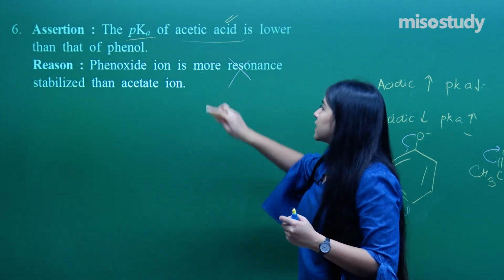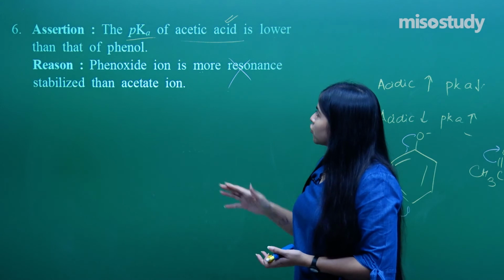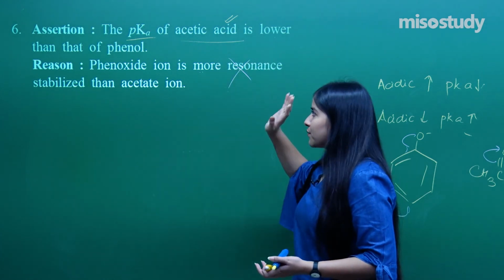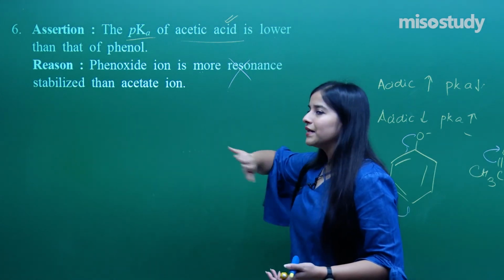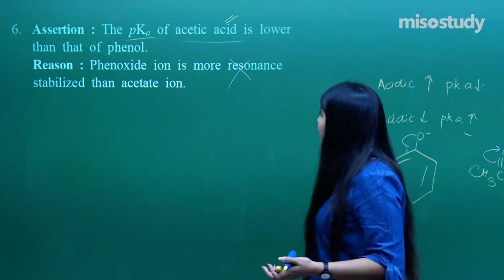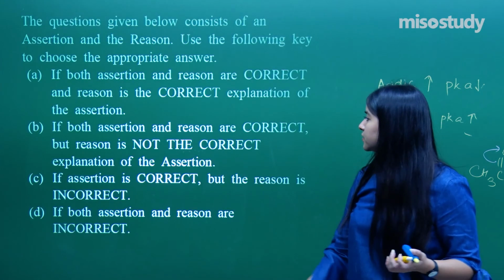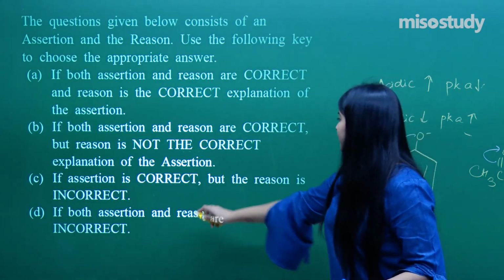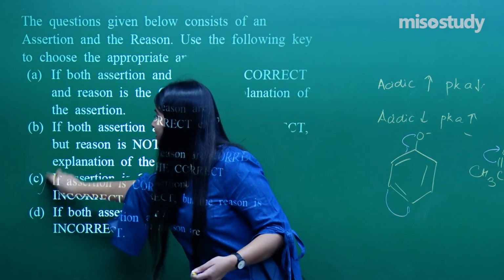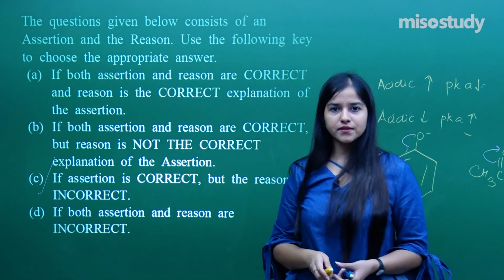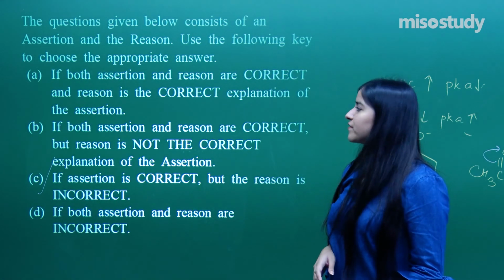So the reason is incorrect, right? Basically the first statement is correct, and the reason is completely incorrect. So which option have I got? Let's check out. If assertion is correct but the reason is incorrect, and C is the answer for this particular question, right? I hope everybody has got it.